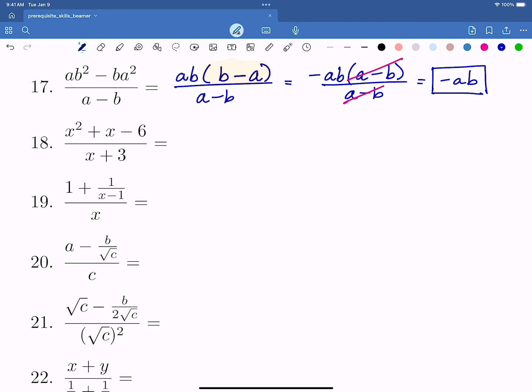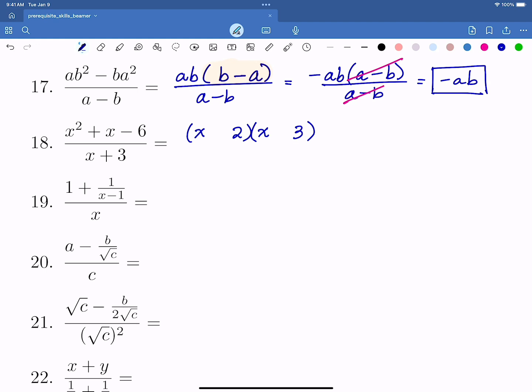Okay, next, x squared plus x minus 6. We can try and factor that. That looks like an easy one to factor because the leading coefficient is 1. So x and x gives me the x squared. To get 6, it could be 1 and 6 or 2 and 3. I'm trying to get a plus 1 in the middle, so it's going to be 2 and 3. I need a negative 6 when I multiply, so one of these is positive, one of them is negative.